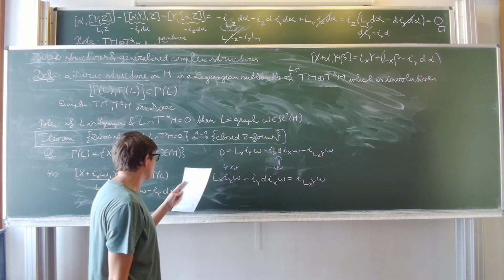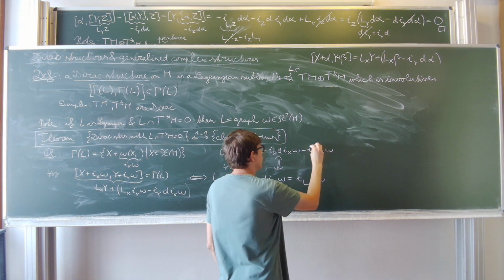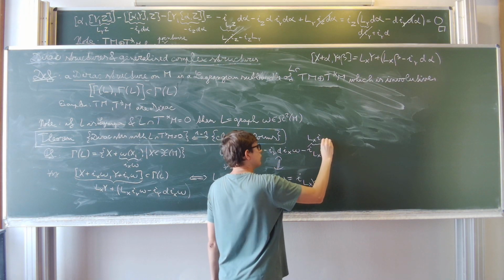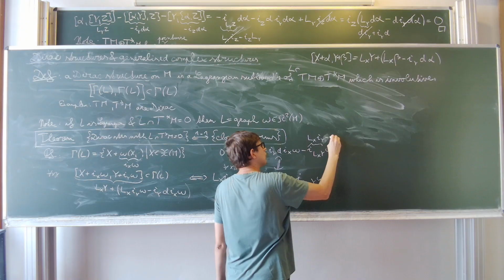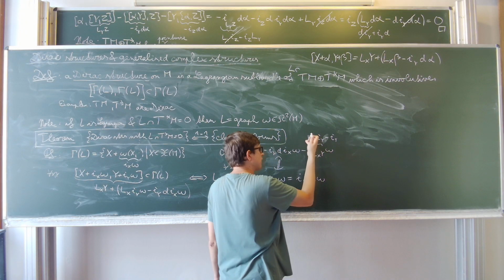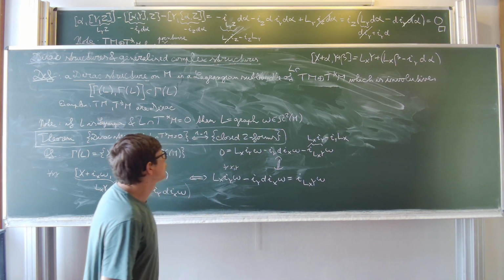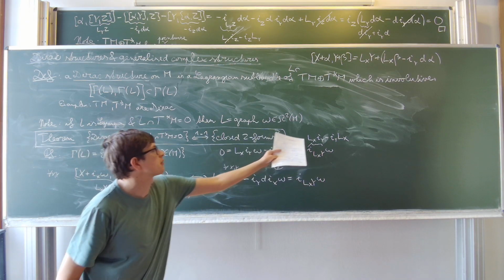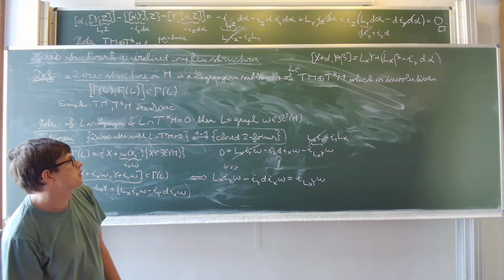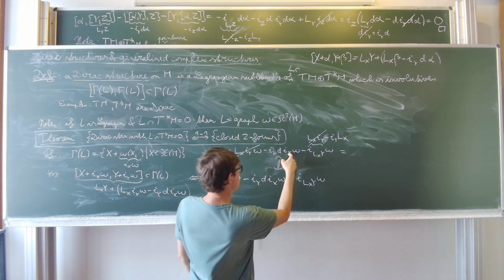Again using the Cartan formula: inclusion of the Lie derivative is the commutator of the Lie derivative with inclusion. So it's this guy. Hopefully one of them should cancel. The first one cancels with this thing. So what are we left with? It's just this term and that term.